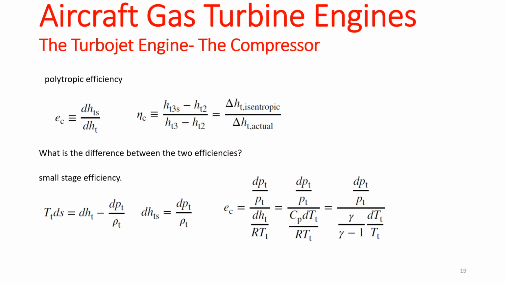We can then have the equation for the small stage efficiency, or polytropic efficiency, as a function of the changes in total pressure versus the changes in total temperature, over the total temperature of the initial stage. Does this make sense?